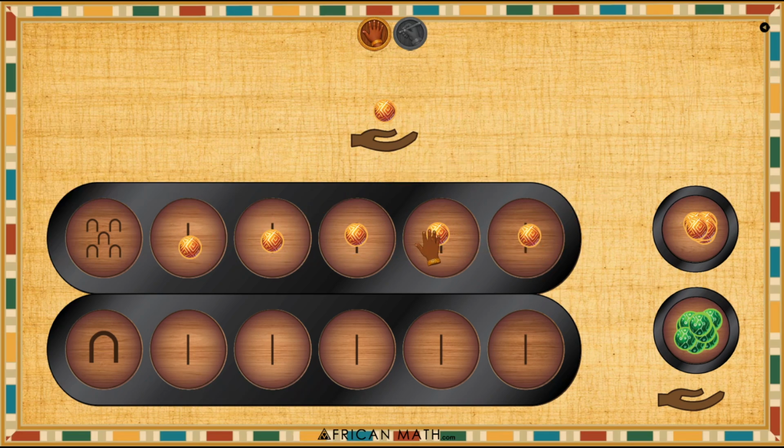And if we say, now let me add 3 beads to it, we first count on from 5: 6, 7, 8, which is great. This is awesome for one-to-one correspondence. It's an advantage of the African abacus because early learners can learn how to count 1, 2, 3, 4, 5, 6, 7, 8, and it helps with arithmetic.